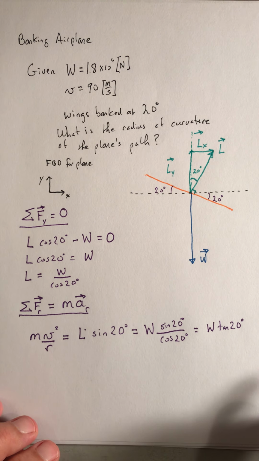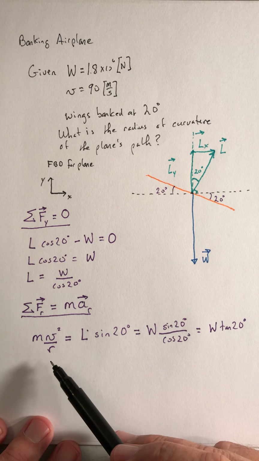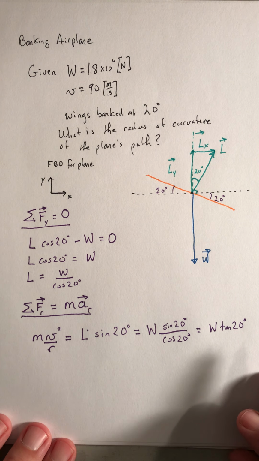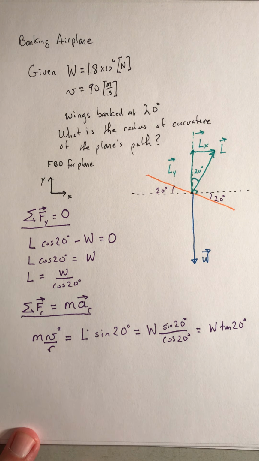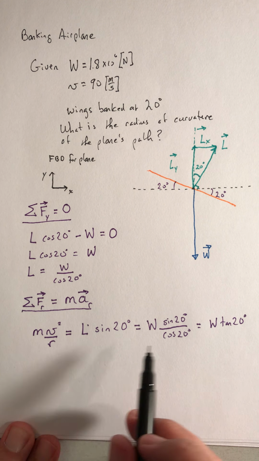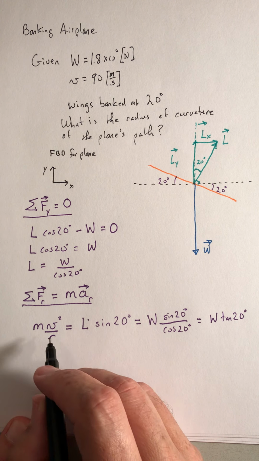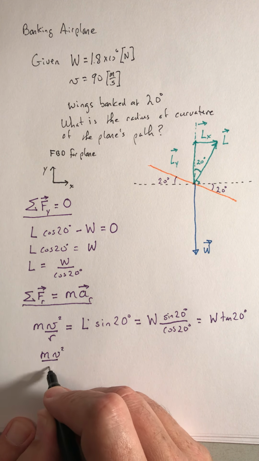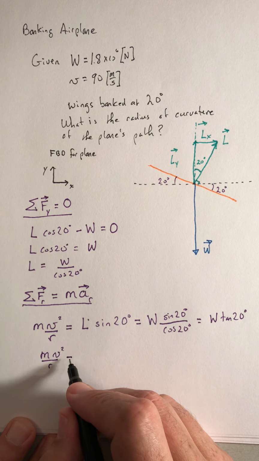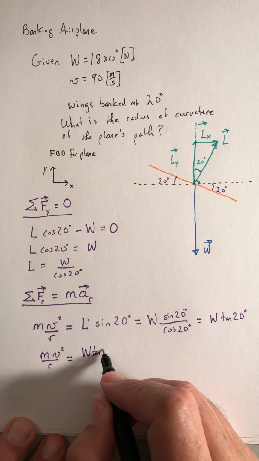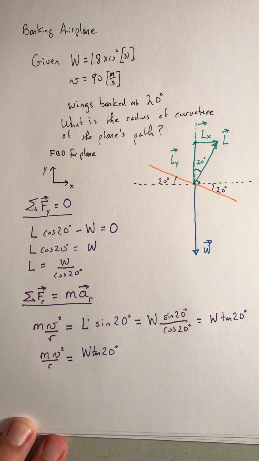All right. So I'm going to go through and solve for the radius of its circular path. So let me get my two bookends for this equation. I've got m v squared over r is equal to the weight times tangent of 20 degrees.